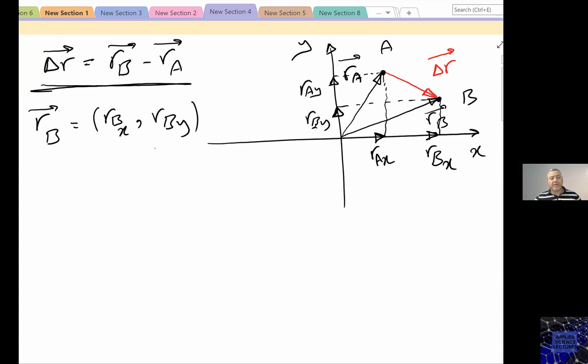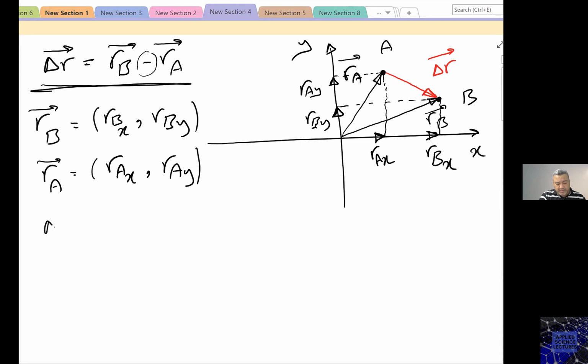Those are the projections on the X and Y. And at the same time, RA is given as RAX, RAY. So every vector is represented by its projections, its X and its Y. So if I am to find delta R, I would be applying this mathematical operation on its projection.